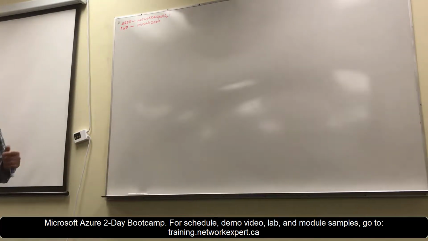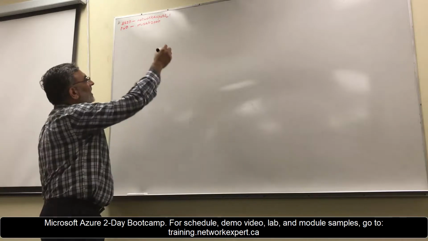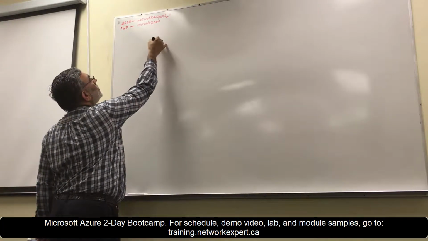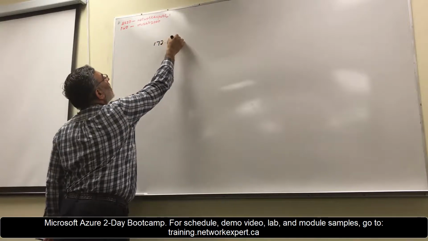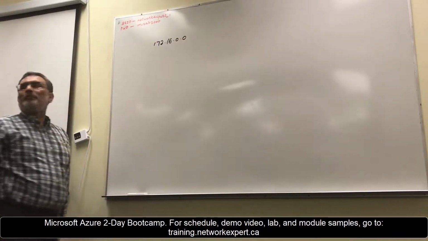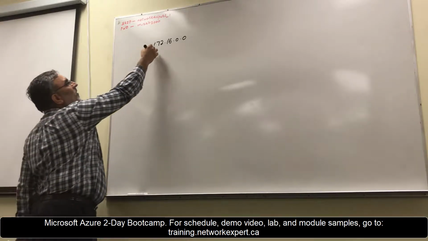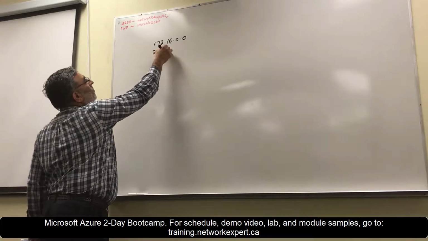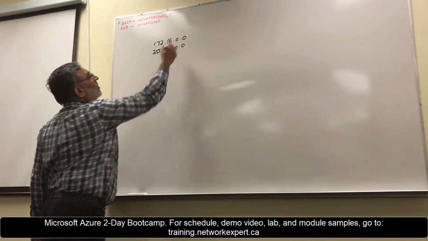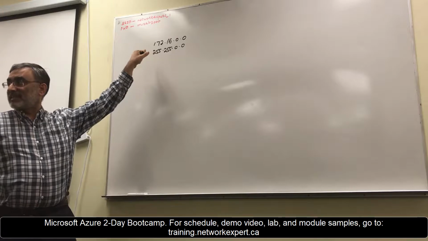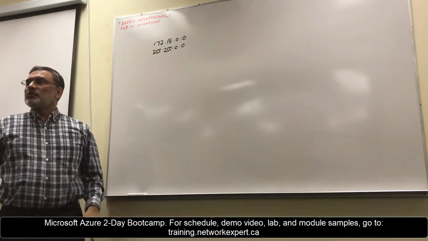Okay, if I take the example of 172.16.0.0, this is a B class address. For B class address, the default subnet mask is 255.255.0.0. So how many bits are 1 in this subnet mask? 16, right? 8 plus 8.